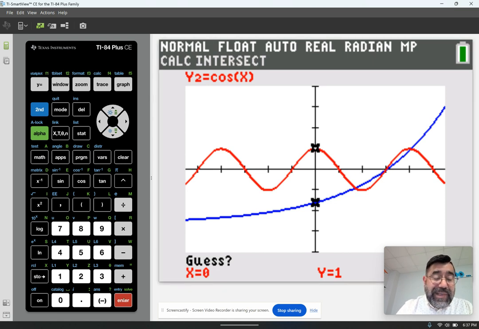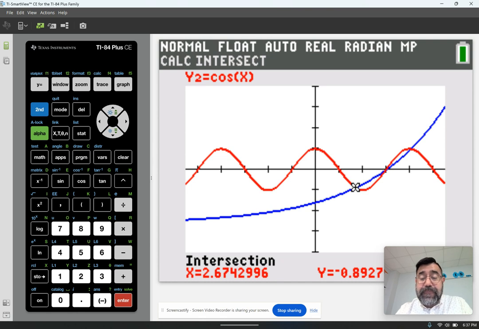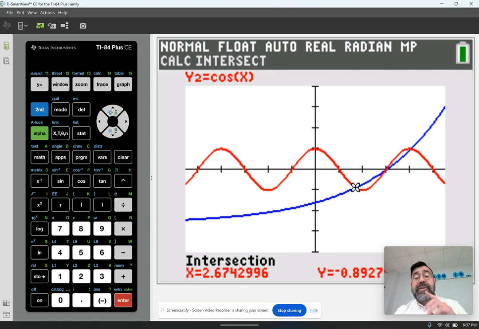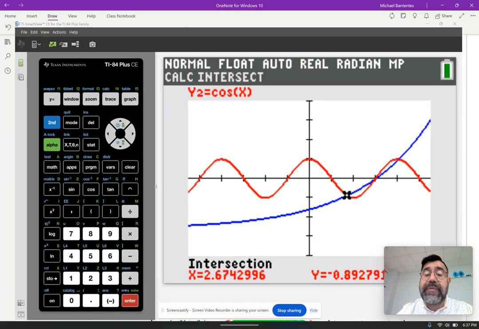But just press enter, and it's going to find it for you. So at this point, the x value is 2.674. When I write it down, I'm going to write it up to 4 decimal places because we have to be accurate up to 3, so I'm going to write 4 just to make sure. 2.674 is what I'm going to write down.